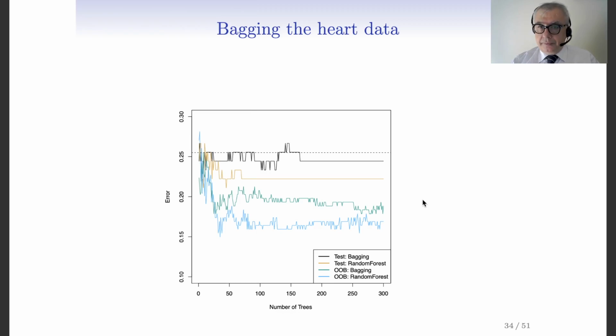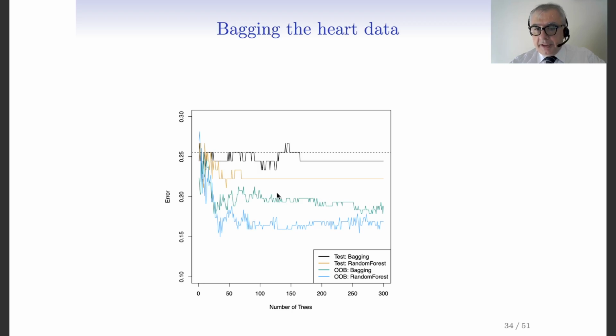I can do bagging on the heart data, and this is the result. Here you already see results also for random forest. That is a method we will discuss in the next lecture. And here you have the result that you would obtain by a simple decision tree, which is the dashed line. And then I am applying bagging, and this is the green line.